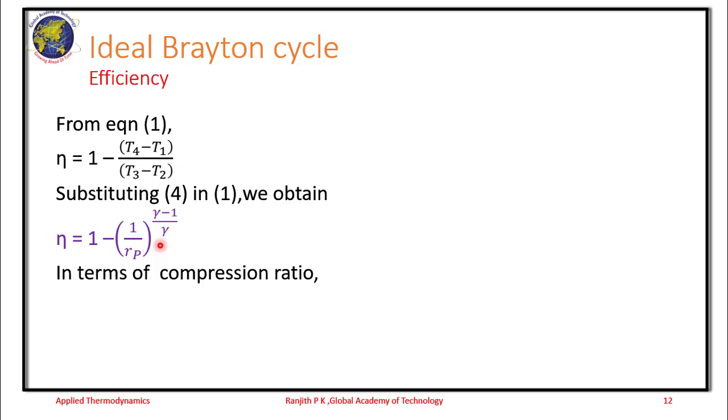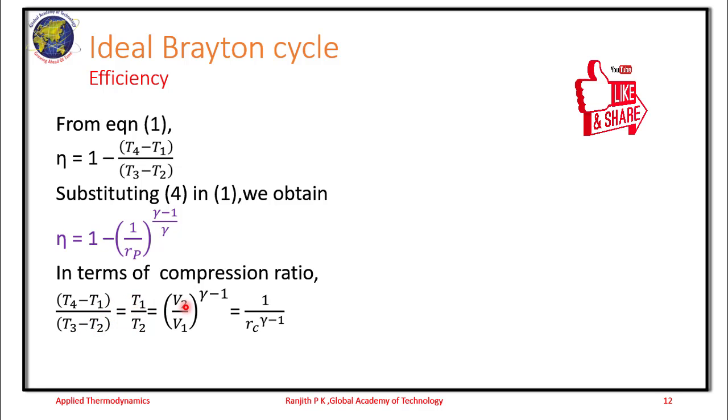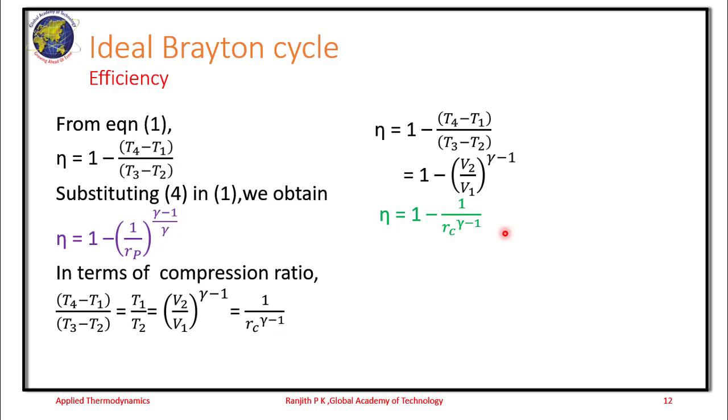In terms of compression ratio, (T4 minus T1) divided by (T3 minus T2) is equal to T1 by T2, which is expressed in terms of volumes as 1 by Rc power (gamma minus 1). How did we write this? We have written the temperatures in terms of the volumes.